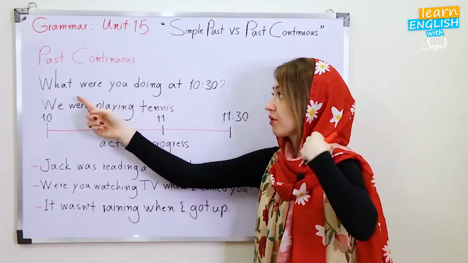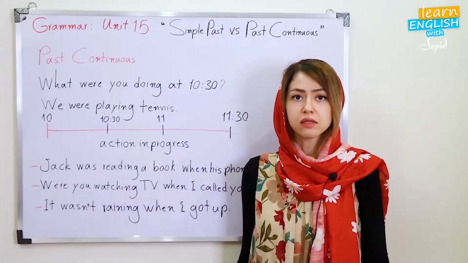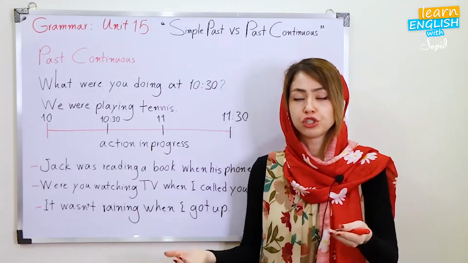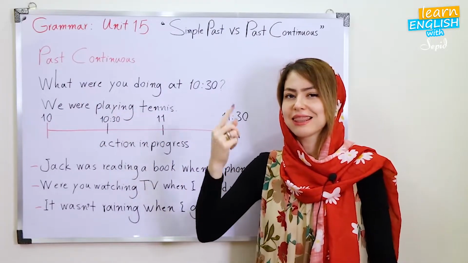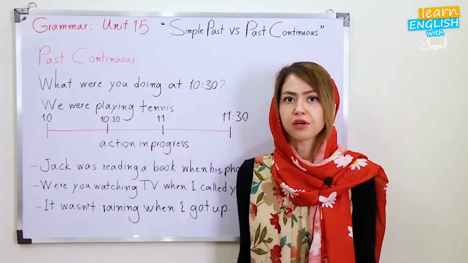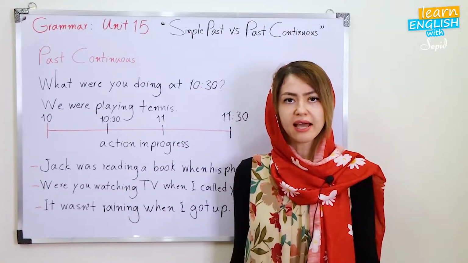Let's see. Here it says, what were you doing at 10:30? This is the question. So under what circumstances should you ask such a question? This is the point. What were you doing at 10:30? So I'm not asking about completed action.